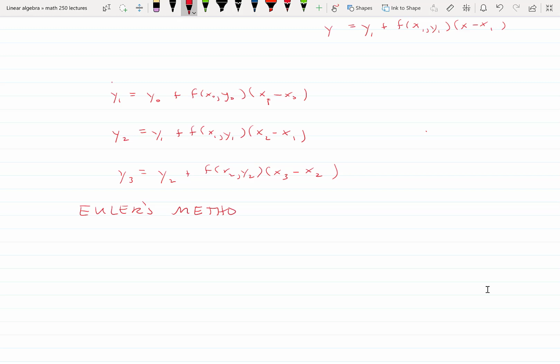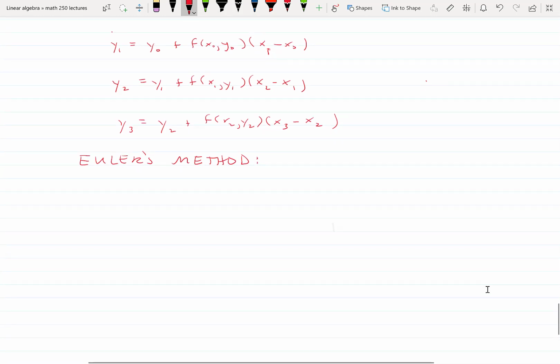Euler's method. y naught equals y naught, obviously. That's what's given. The next ones are given by this formula.